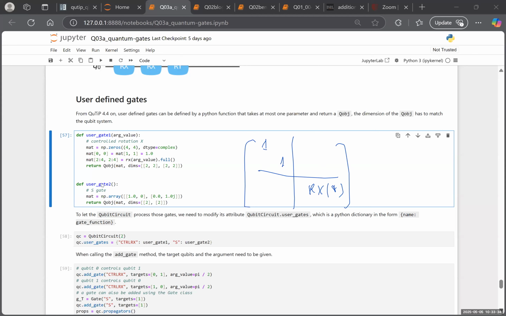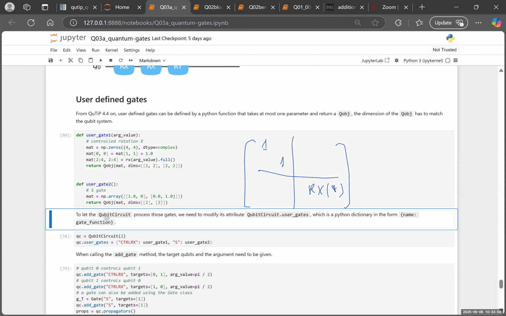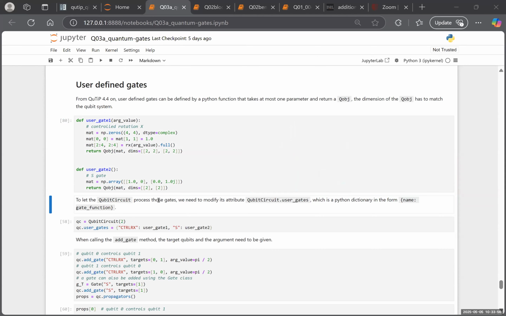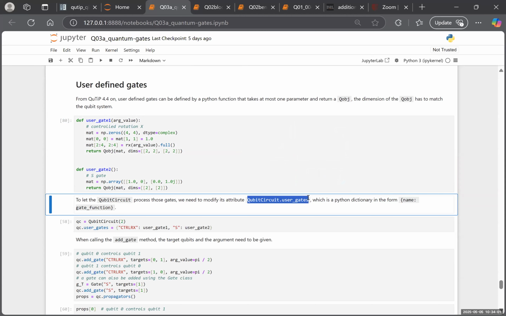Okay, the second gate is set here. It is the S gate. So it's really just a 2 by 2 matrix with diagonal 1 and i. To let the qubit circuit process escape, we need to modify the attribute qubit.user gate, which is a Python dictionary.